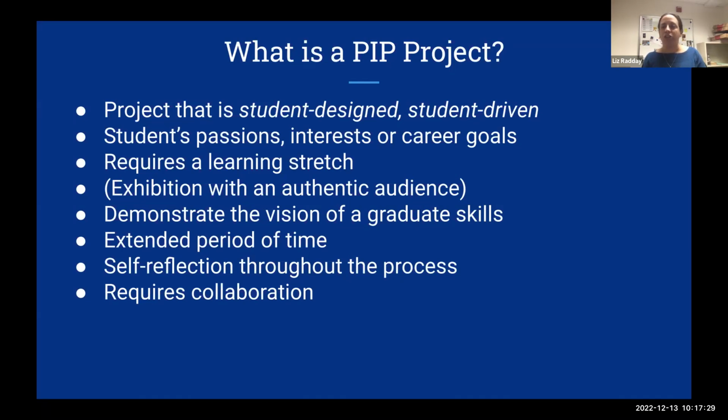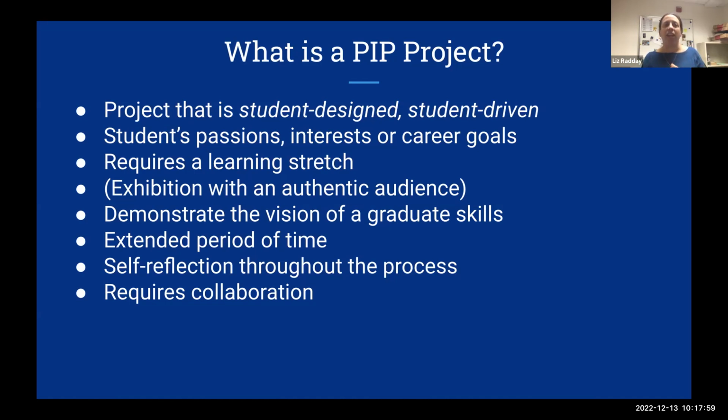To make a strong personal interest project, kids need to be experiencing a learning stretch. So we want to make sure that they're not doing something for their PIP project that they already can accomplish. So if they're already a really great piano player and they play classical piano music, we don't want the goal to be that they're going to learn another classical piece. We would like the goal to be that maybe they're going to learn how to do some improv and learn jazz.